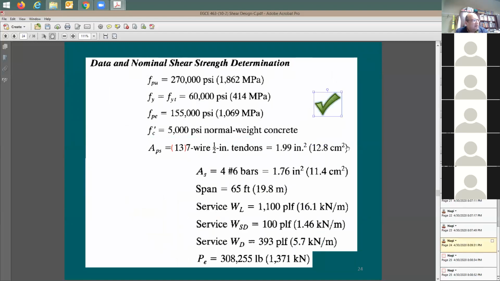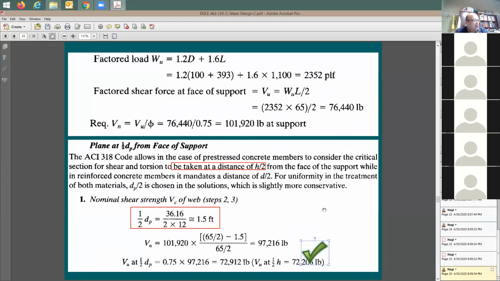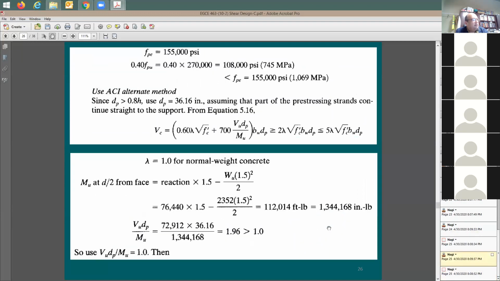I forgot to put it here, and then I need it here. It's our equation that I've been talking about, right? It's 0.6 f prime c plus 700 V_u d_p over M_u times b_w d_p. Here's the range, a minimum and a maximum. It's going to be my range, right?